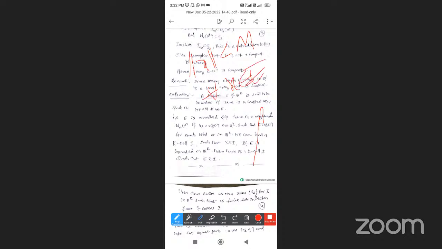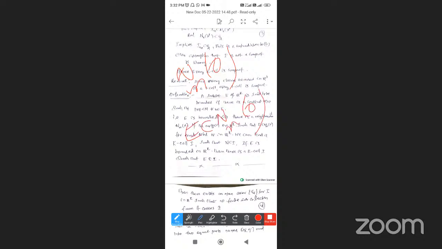Definition. A subset E of R power of k is said to be bounded if there is a constant M such that norm of x is less than or equal to M for all x belonging to E. E is bounded if and only if there is a neighborhood N_M of 0, the origin, in R power of k such that E is a subset of N_M of 0.